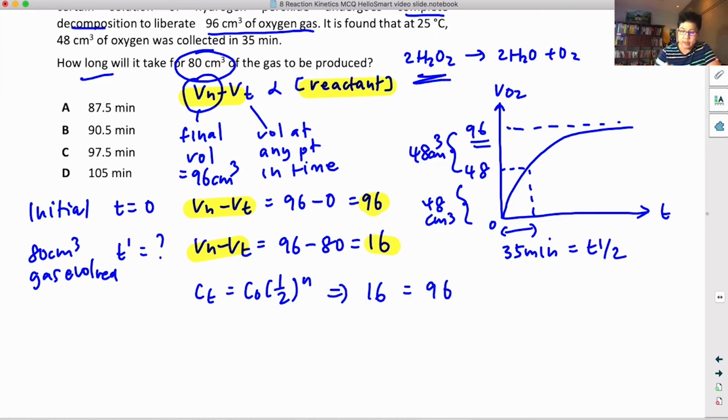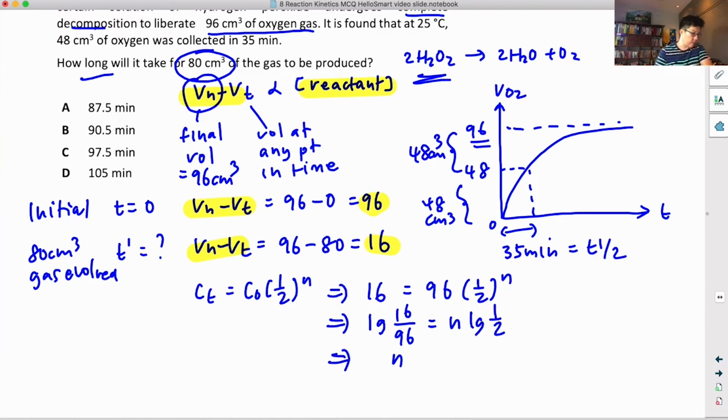Initially it is 96, half to the power n. Then you take log on both sides. Log 16 over 96 equals n log half. You work it out, and n will turn out to have a value of 2.58. This is the number of half-lives.